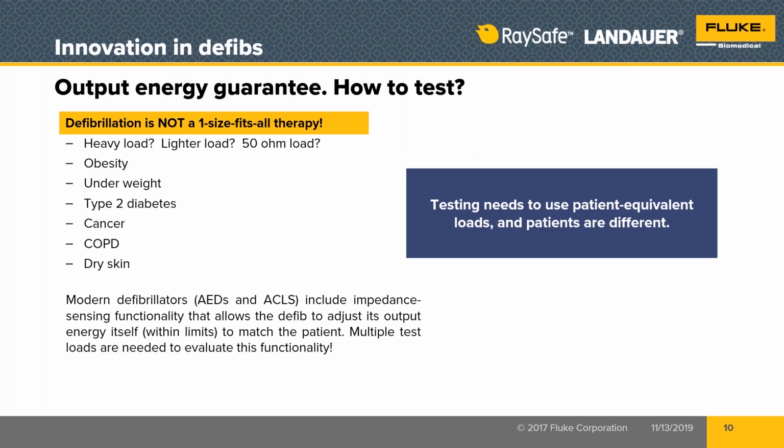So it's important because, as you can see on the slide, there are lots of different reasons why the patient's resistance to the energy setting is going to be a problem.